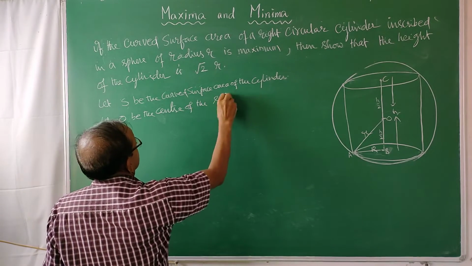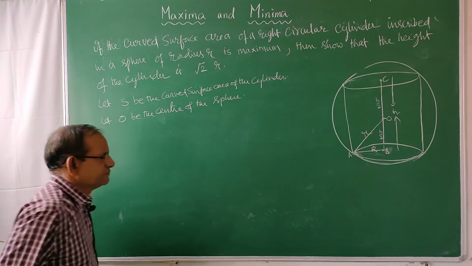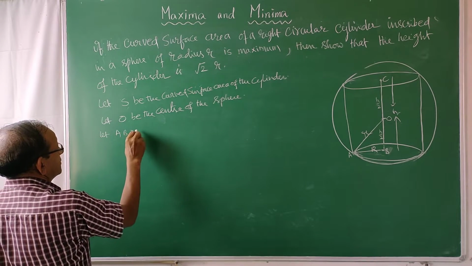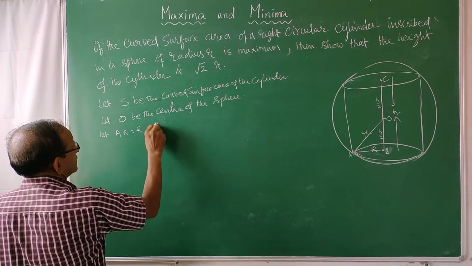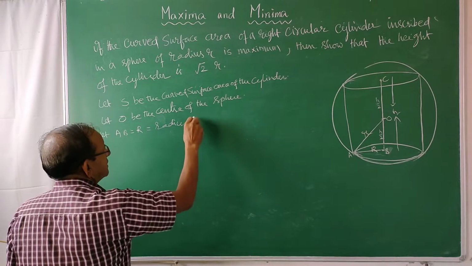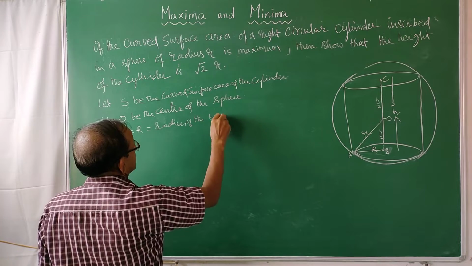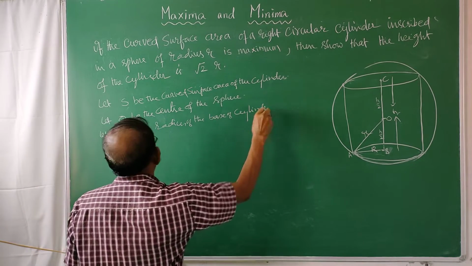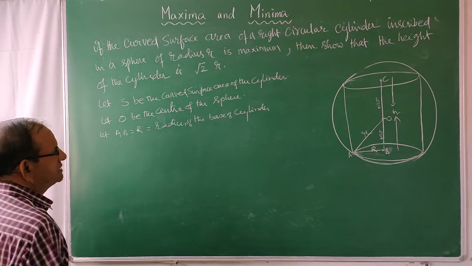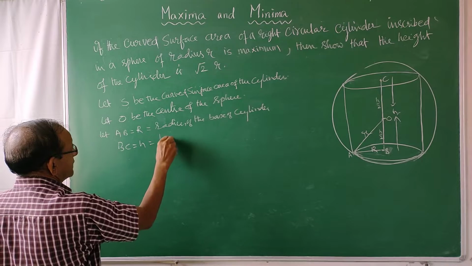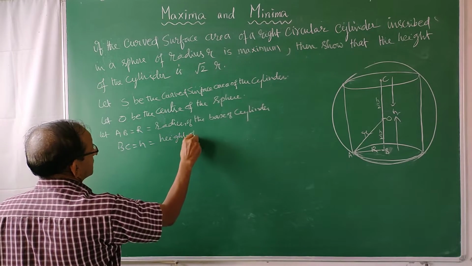Let AB is equal to big R is equal to radius of the cylinder, radius of the base of the cylinder, and BC is equal to h is equal to height of the cylinder.